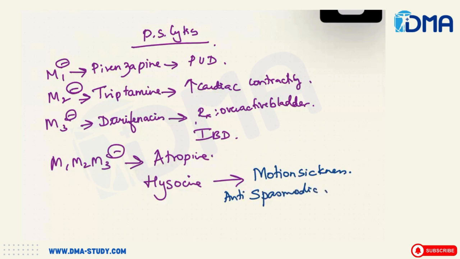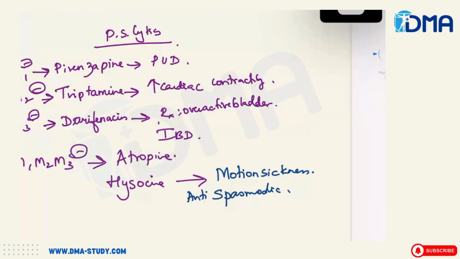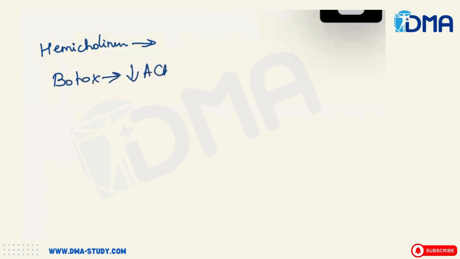Then the other important drugs in this system could be hemicholinium, which reduces the choline uptake. It was earlier used, but nowadays not used. Vesamicol is not used at all. The one which is used is Botox, where the botulinum toxin decreases the acetylcholine released from that particular receptor.